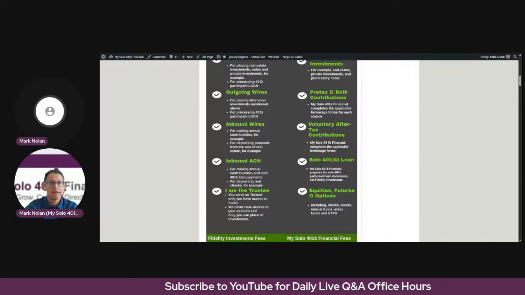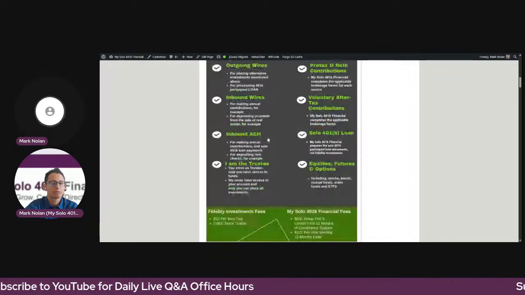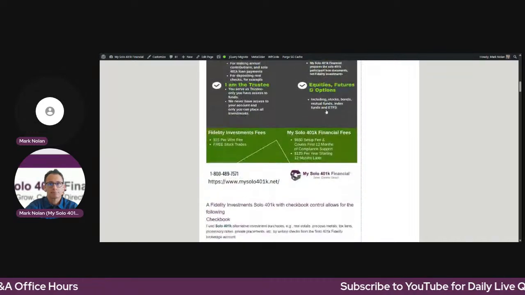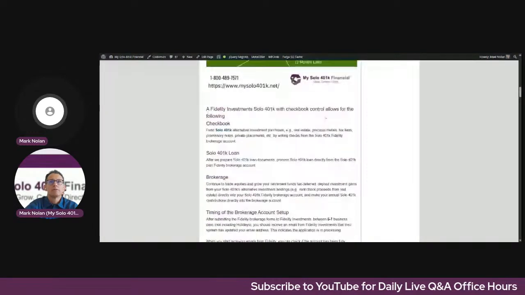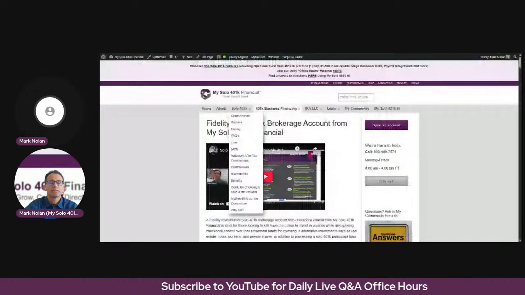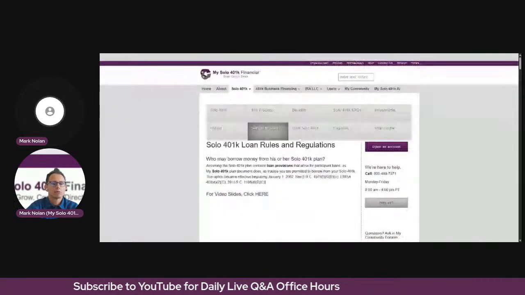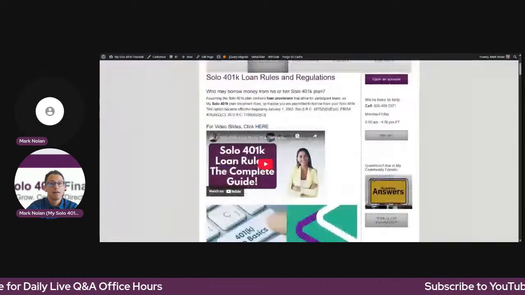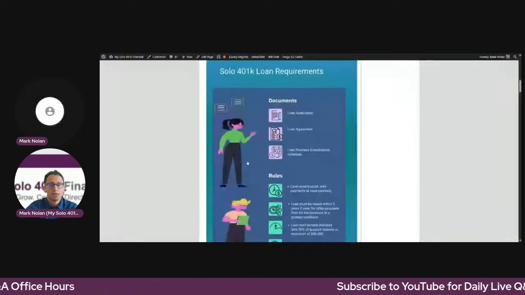So you would submit a wire directive to Fidelity so they can wire the funds out for that participant loan. Let's talk a little bit more about the 401k participant loan rules, and then we'll shed some more light on the logistics of borrowing from the plan.